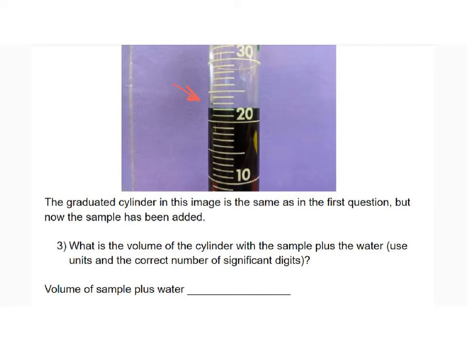Now it's pretty close to the 22, but I think I see a little bit of green above the mark, so I'm going to record this as 22.1 milliliters. And again, if you wrote down 22.0 or just 22, the calculations you do from here on out are going to be slightly different from mine, but just keep that in mind, that you might have a slightly different answer. But the setup is the most important part.